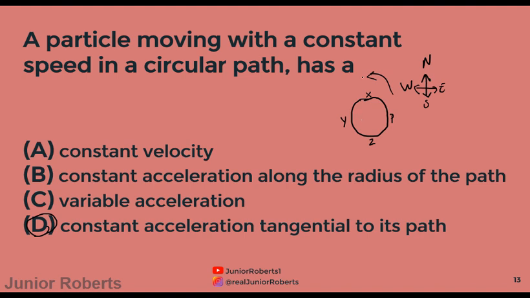Even though the speed is constant, once there's a change in direction, we have an acceleration happening. As the direction changes, the velocity of the object is also changing, and since we have a change in velocity, the object is accelerating.